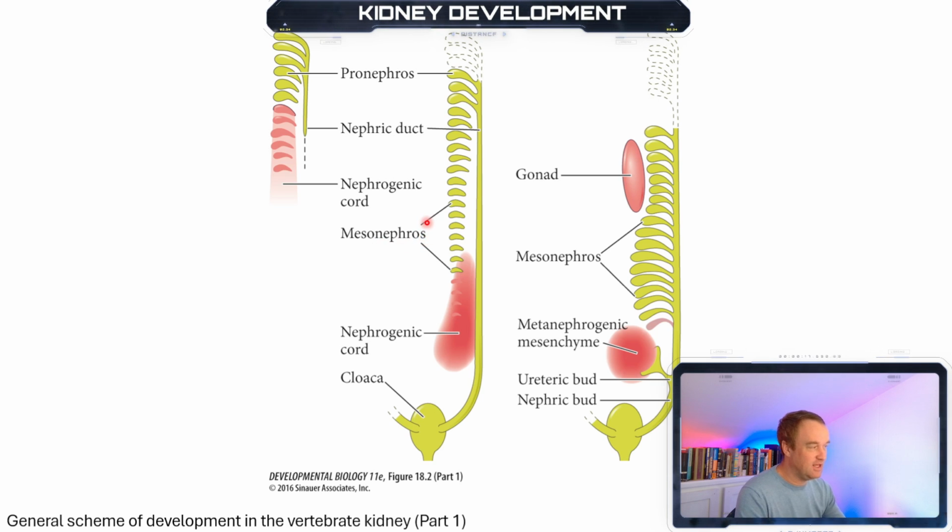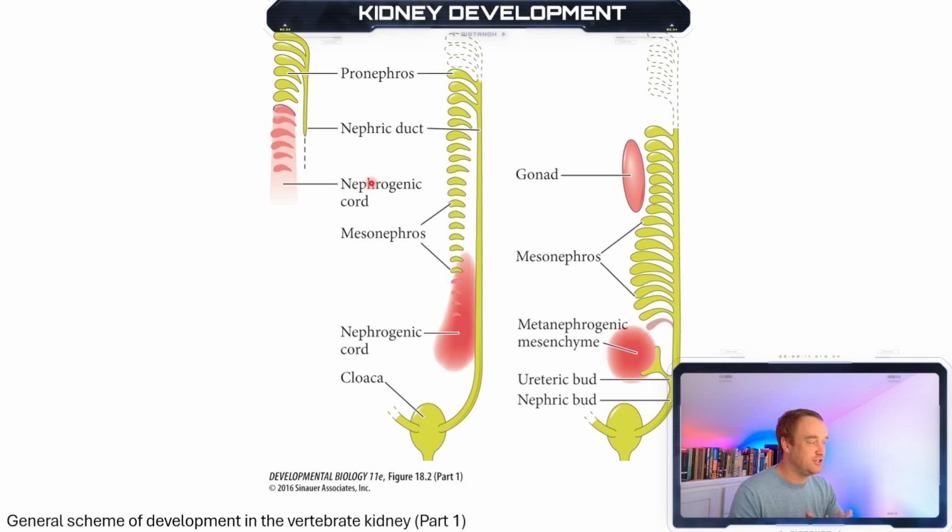So some of the features of this: it develops from that intermediate mesoderm. Obviously, we talked about how that's what we're looking at in this unit. And this is located between the paraxial mesoderm, the one real close to the notochord and neural tube, and the lateral plate mesoderm.